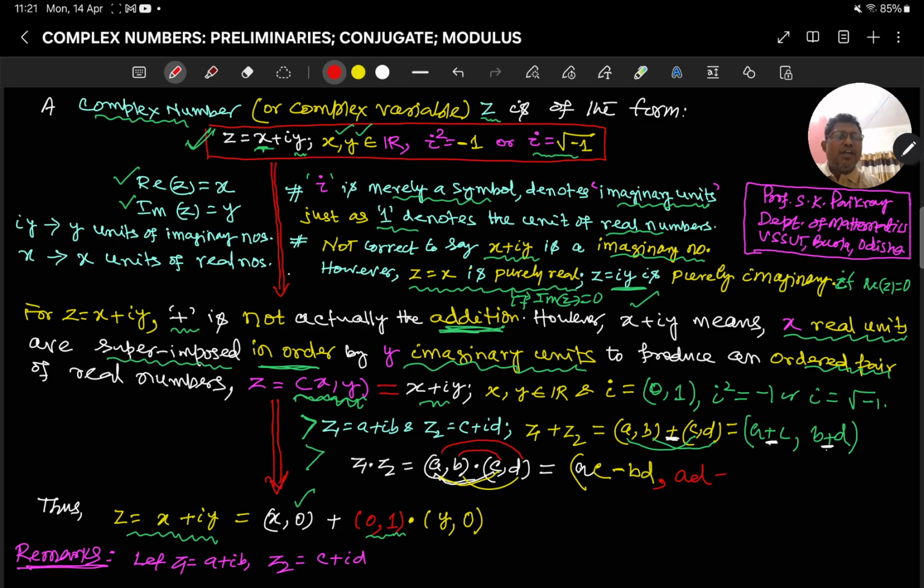So it is AD plus BC, right? C doesn't involve your I here, so it is AD minus BC, it is the multiplication, right? Multiplication, and it is your addition.